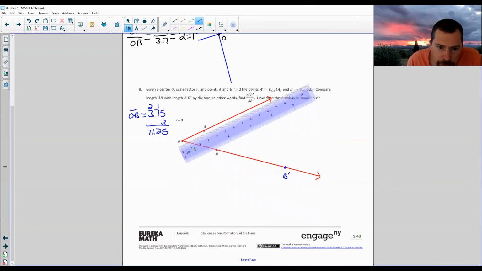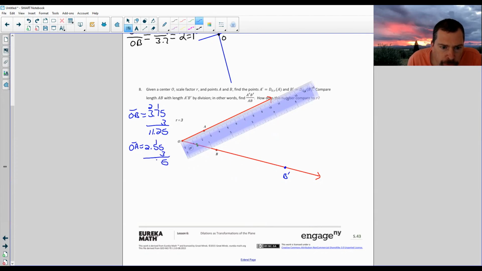Rotate. Bring my ruler up to 0 at O. Rotate it. A looks like 2.55. So OA equals 2.55. r is 3, so that means to multiply by 3.